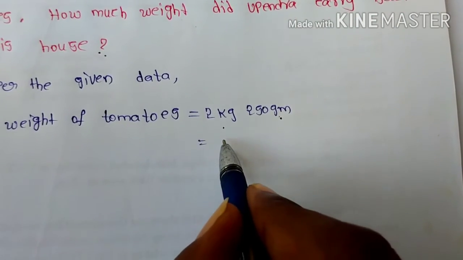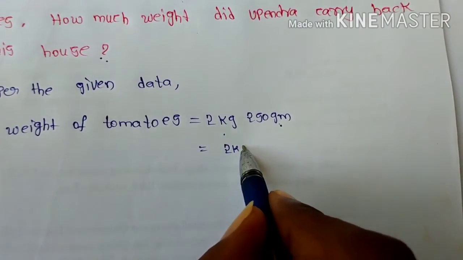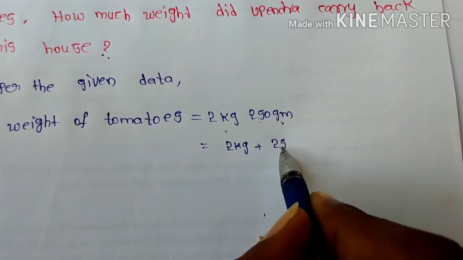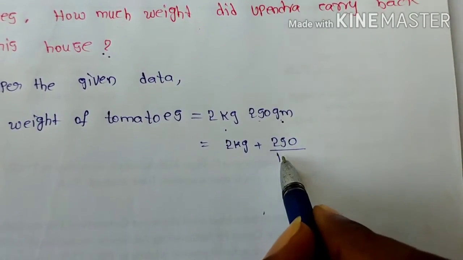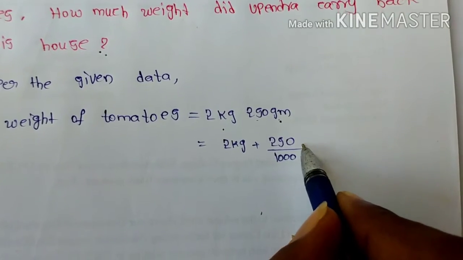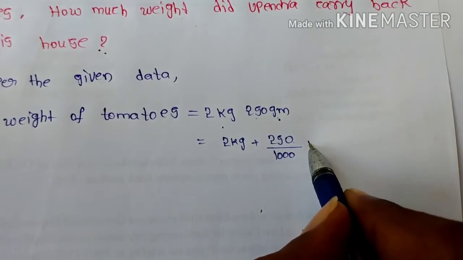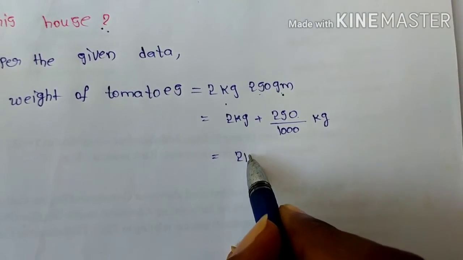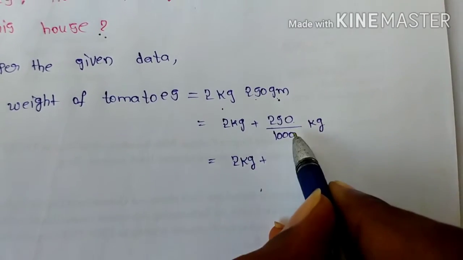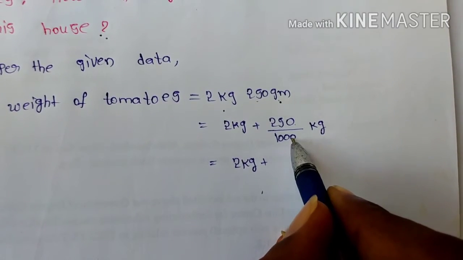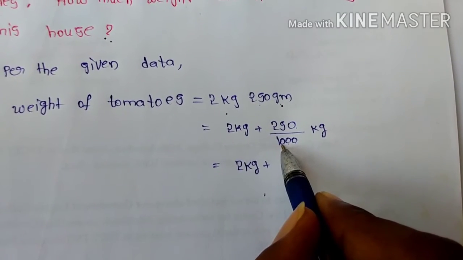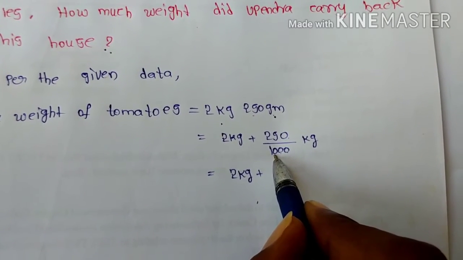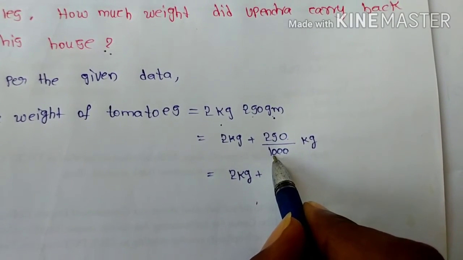See, 2 kg plus 250 grams. How can you convert 250 grams to kilograms? Just you can divide with 1000. 250 by 1000 kilograms. That means 2 kg plus 250 by 1000. There are 3 zeros in the denominator, so you write the decimal point after 3 digits from right side.